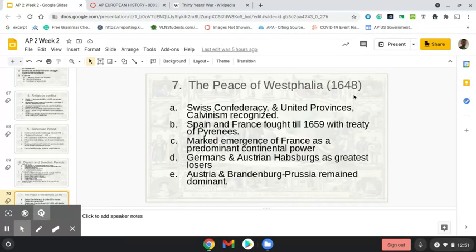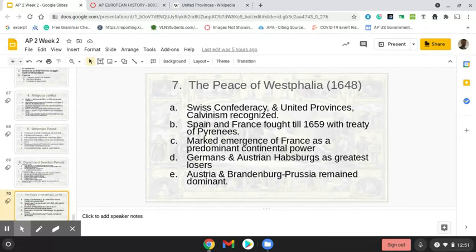Even though this peace is signed, Spain and France will actually be fighting kind of a separate conflict that will occur through 1659. So not all the parties involved settled their differences just because of this treaty. Some of the parties just simply wanted their sovereignty, the fact that they could control their own system of government and so on all by themselves.